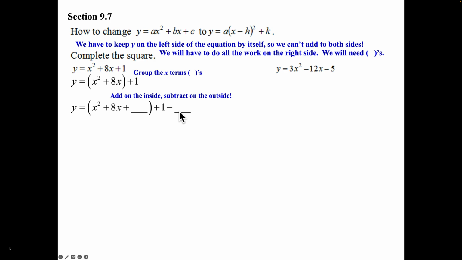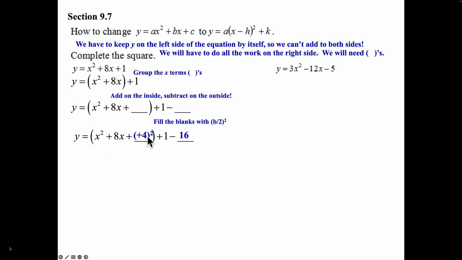Now, we still complete the square. We fill in our blanks with the same technique. It's just that we don't want to put a plus blank over here by the y because we're not supposed to alter the y. So plus blank again on the inside, minus blank on the outside. We go to this middle term of a positive 8x and take half of that, which is positive 4, squared is 16.